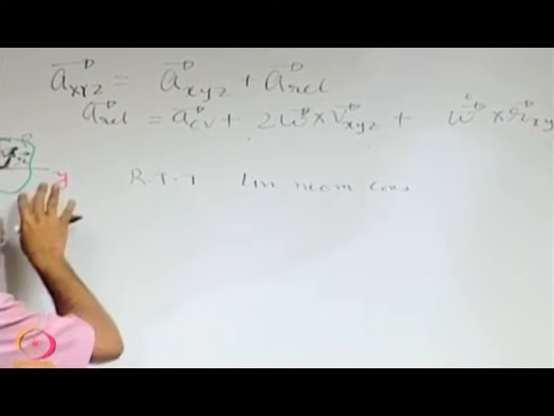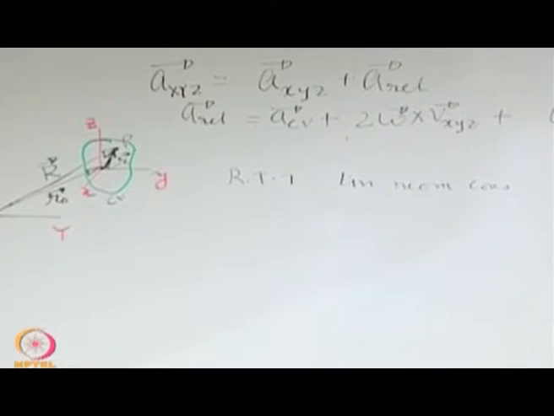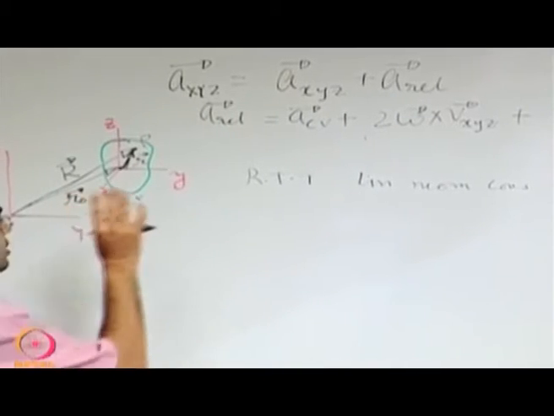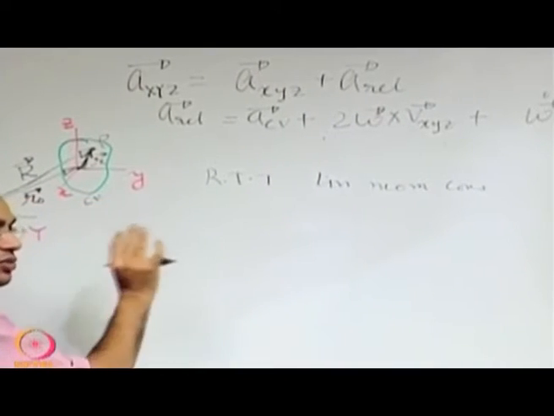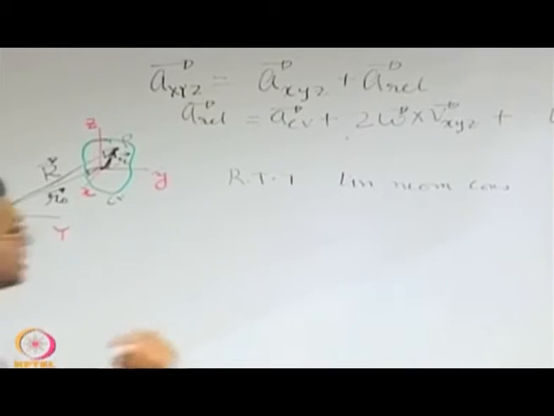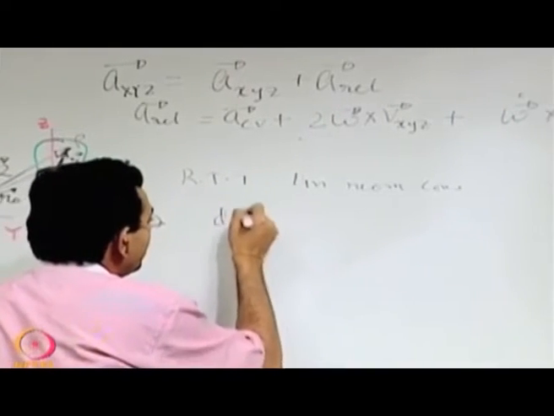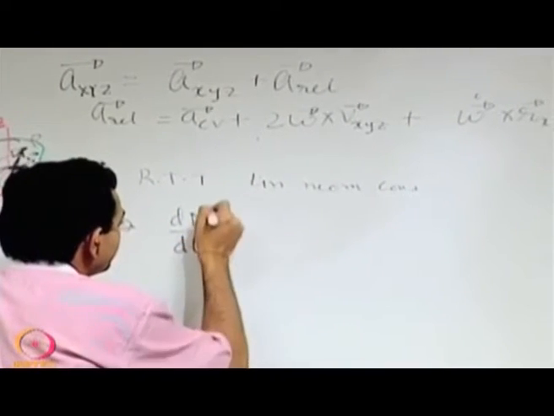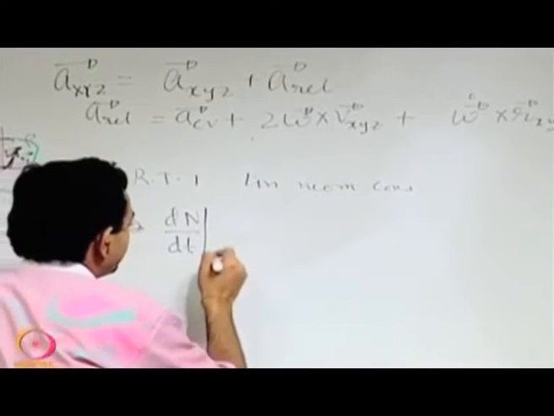Let us say that we are interested to write the theorem relative to this control volume. This green colored contour is the surface, control surface of the control volume, and that is our basis for which we are writing the theorem. So, let us first write the general theorem dN dt system.